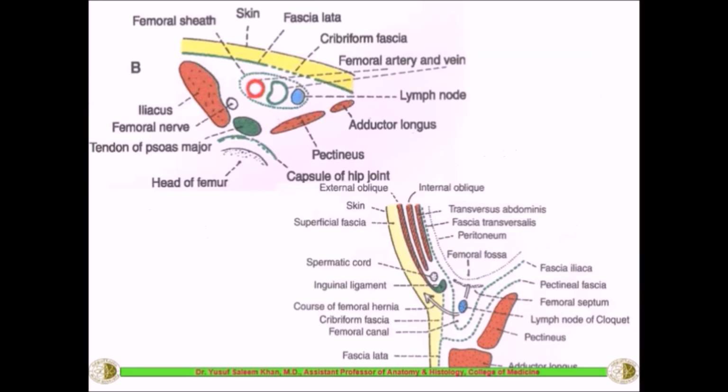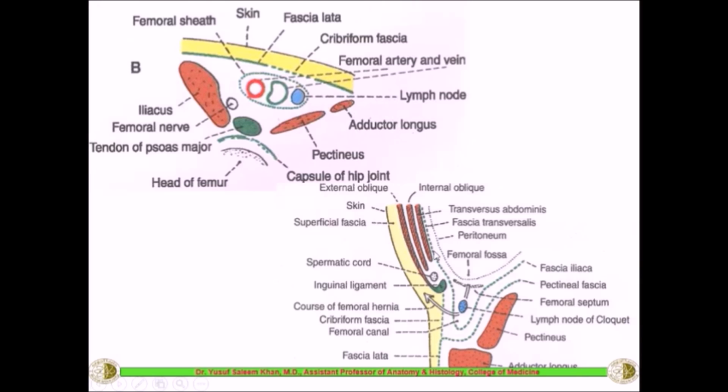If you see the picture here, this is the longitudinal section of the abdomen and the pelvis. Here this is the anterior abdominal wall. These are the abdominal contents, and this is the genital region. Behind the anterior abdominal wall muscle, we can see a fascia.